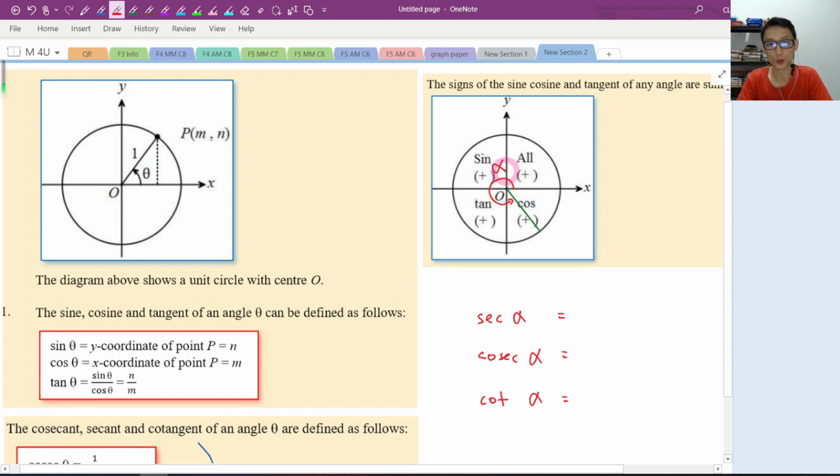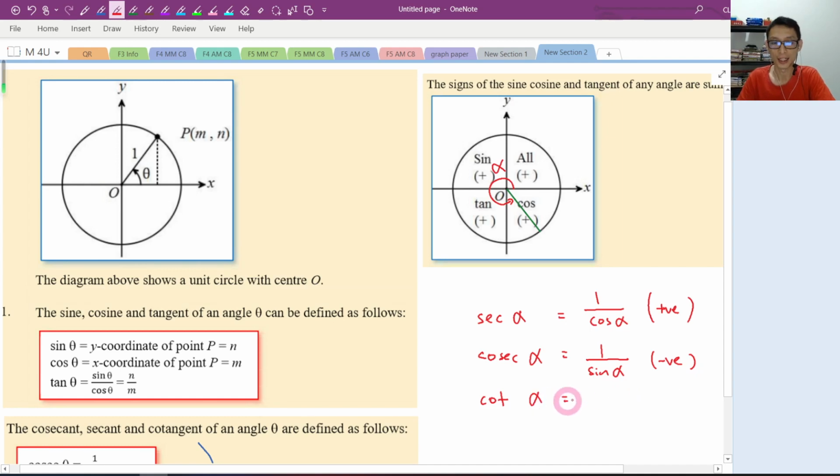I just want you to think about positive or negative. Now, secant is 1 over cos, right? In this quadrant, cos is positive, so 1 over cos will be positive as well. How about cosecant? Cosecant is 1 over sine. Sine is negative in this quadrant, so 1 over a negative number will be negative.